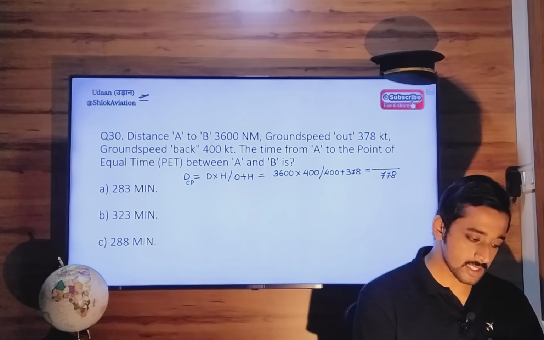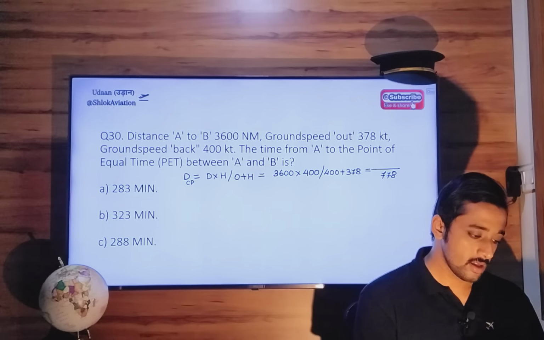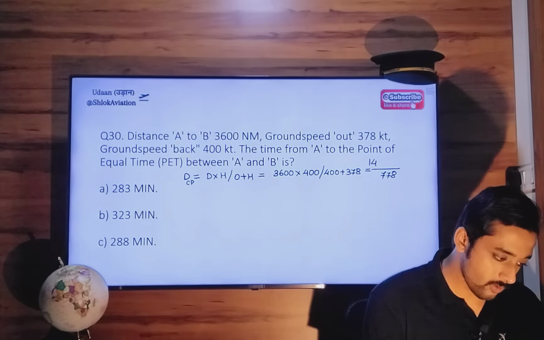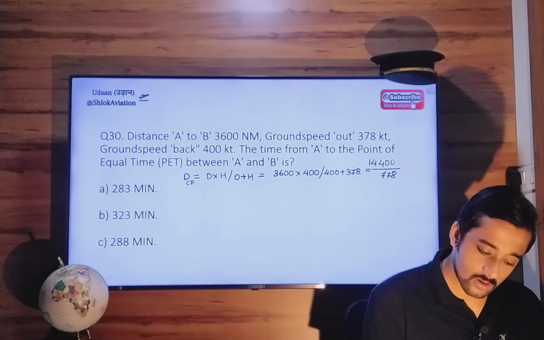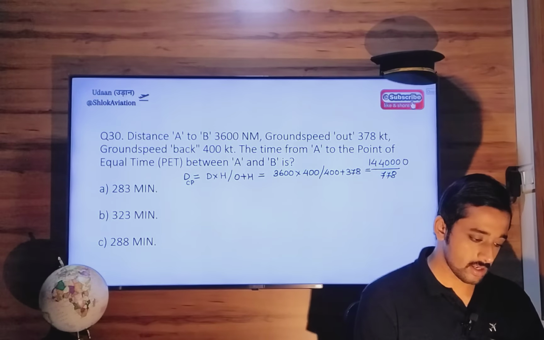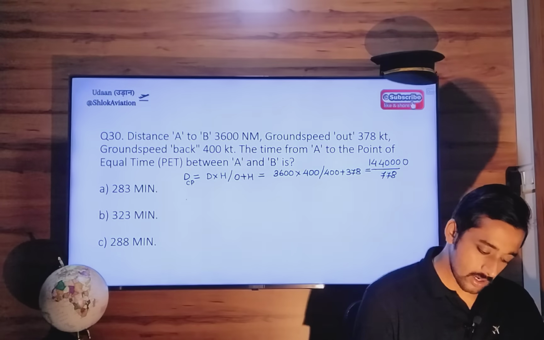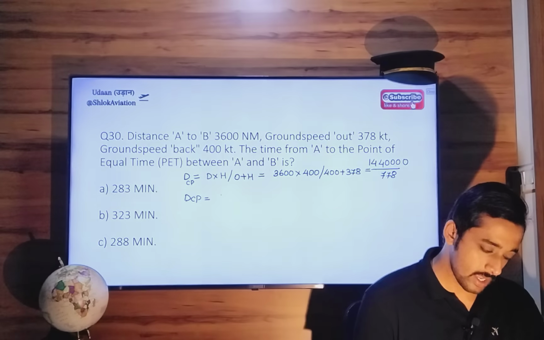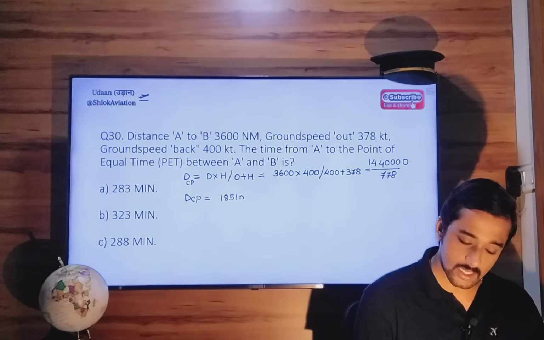In the numerator 3600 into 400, so critical point distance is 1851 nautical miles.